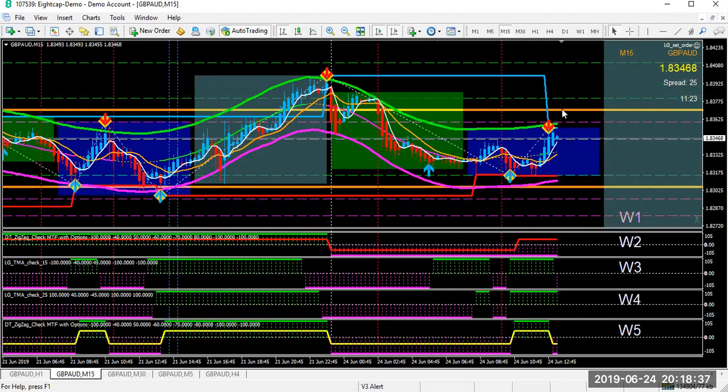Now, the other thing is the data report gives you strong support and resistance reversal areas. It's like a weighted high and low where price is going to find a solid attraction or resistance.